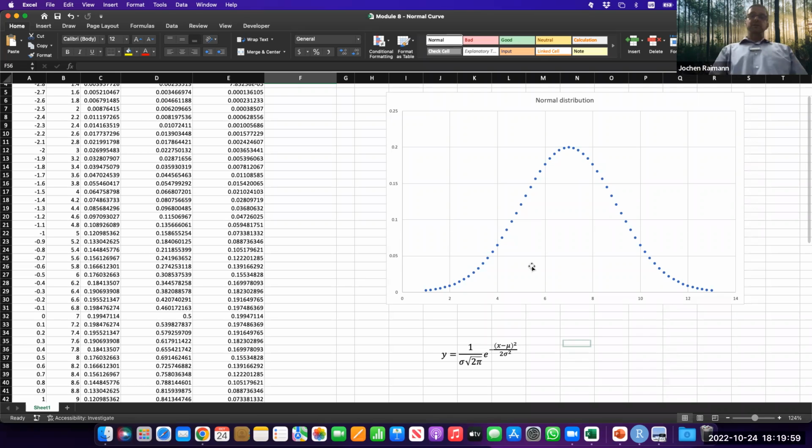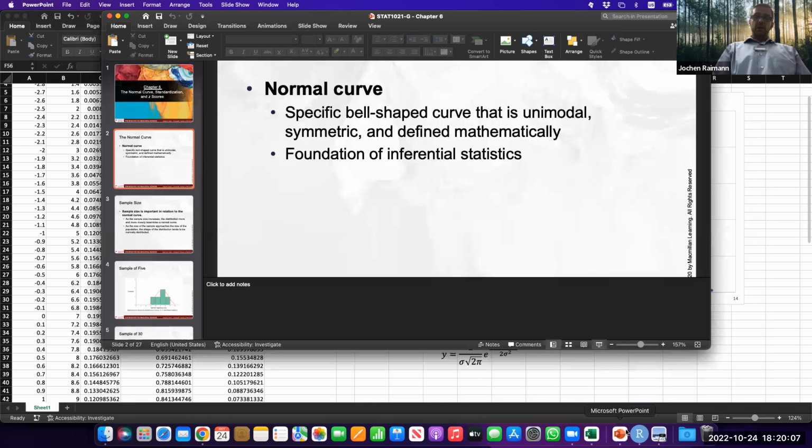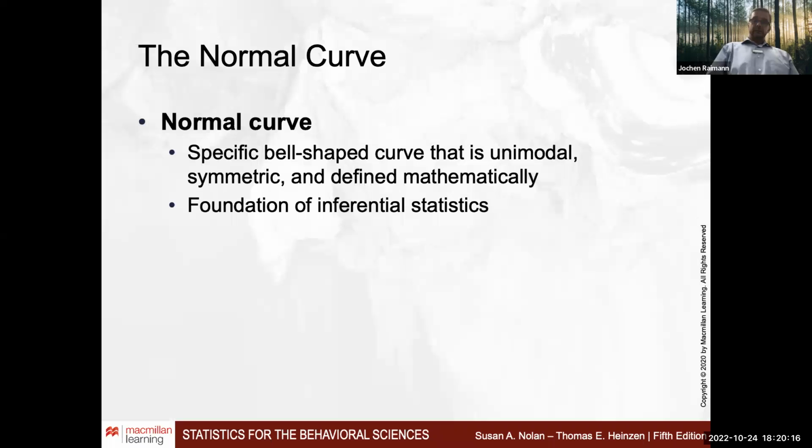So this is the definition of the normal distribution curve, which will in the following be important when we do standardization and the percentile estimation. It's a defined mathematical function that essentially allows you to utilize the normal distribution in all future endeavors.